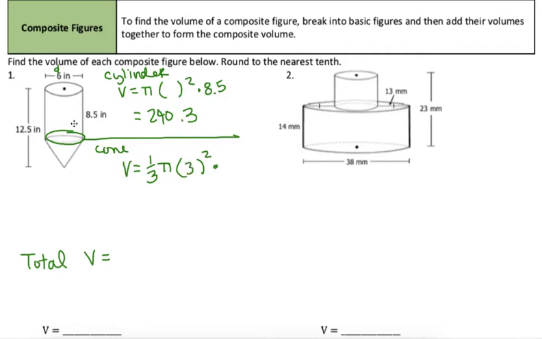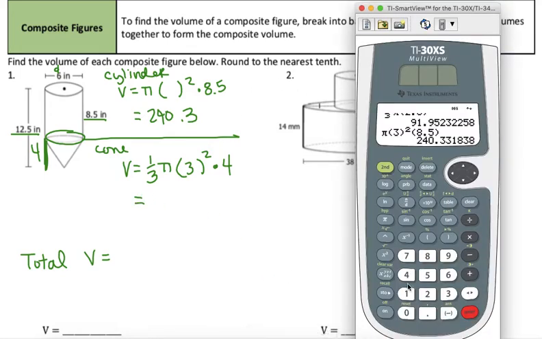The heights, though, are different. This cylinder is 8.5, and we know the entire object is 12.5. So I need to subtract these two numbers in order to get the height that I have just for my cone. So when I take 12.5 minus 8.5, I get 4. So that's going to be my height of my cone here.